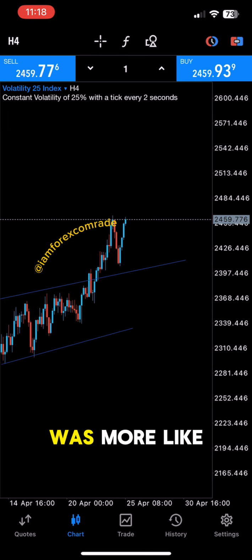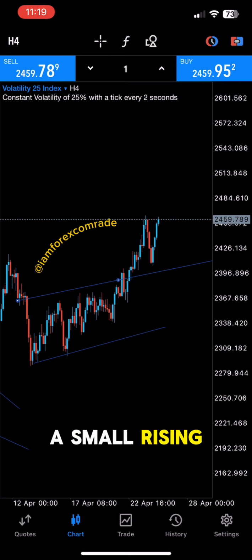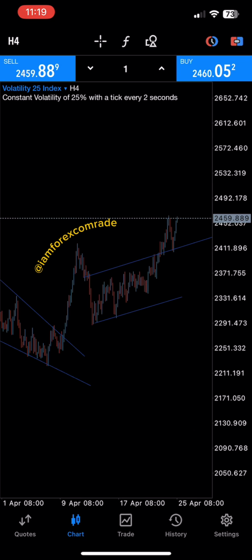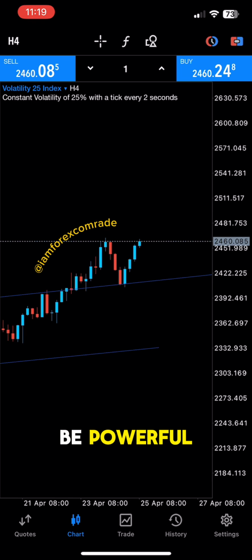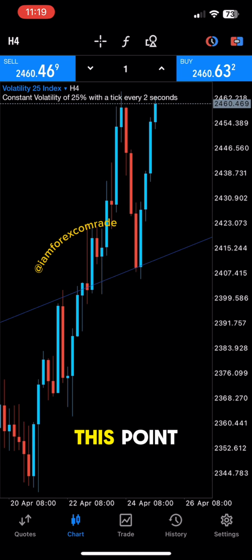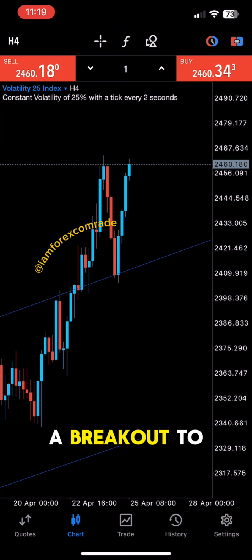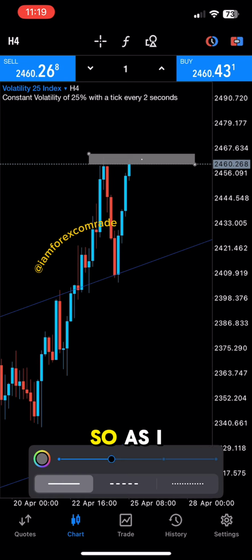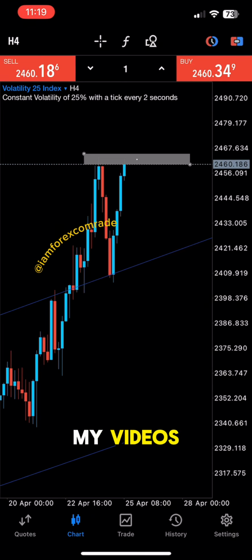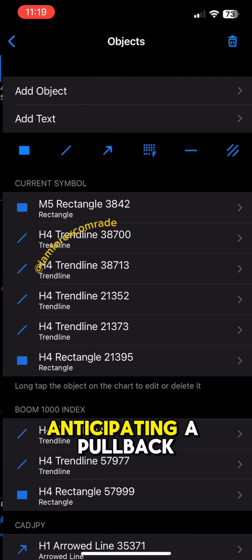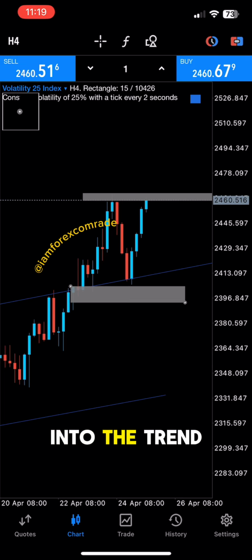This one was more like a small rising wedge, but if it's not that steep, then it means the breakout won't be powerful. But at this point, as you can see, there was a breakout to the upside. As I always explain in my videos, it breaks to the downside, not the upside. So we are anticipating a pullback into the trend.